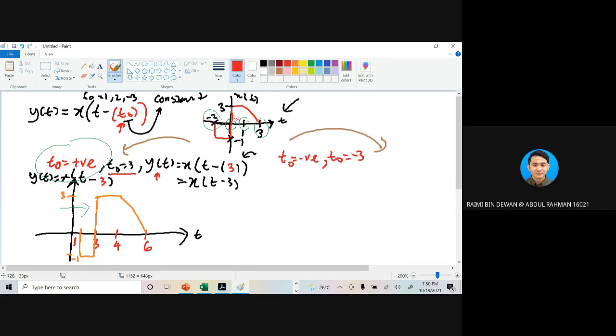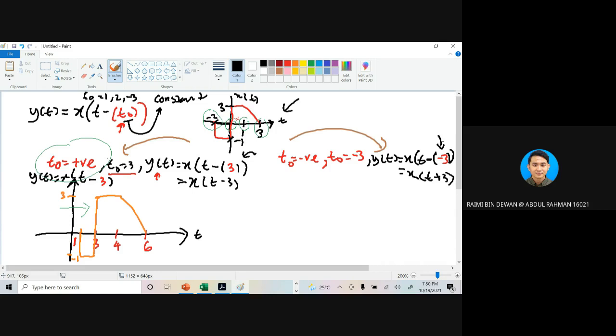So the new signal is y(t) equals x(t minus, remember here minus, then you introduce again -3). This is just to make it easier for you to understand and so you make fewer mistakes. If you simplify, you get x(t + 3), but at least this way you are able to see that t naught is -3.